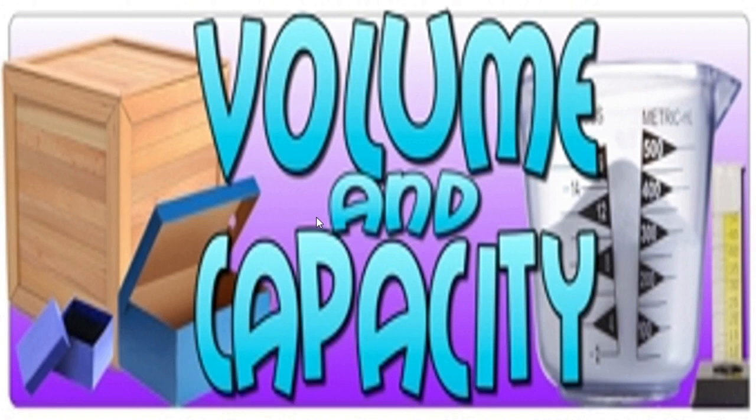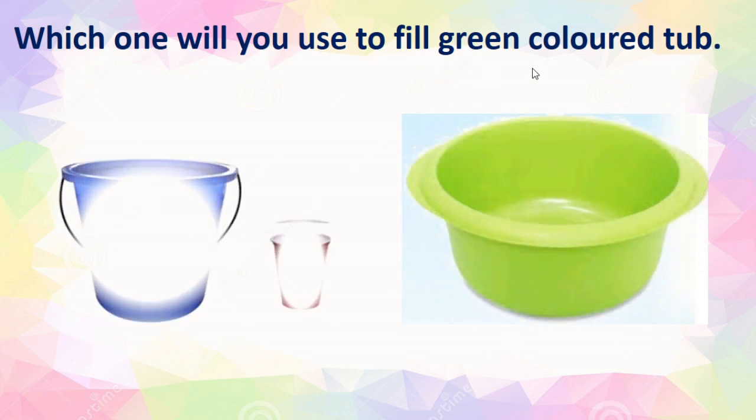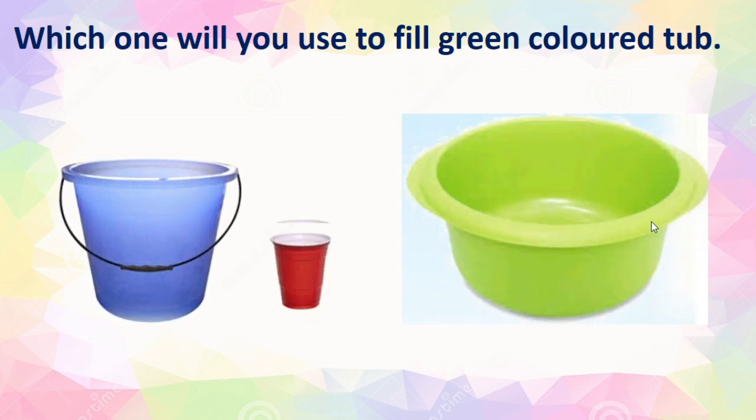Now today we will go through volume and capacity. Come on, tell me, which one will you use to fill this green color tub? You can see here a green color tub, a blue colored bucket and a red colored glass.